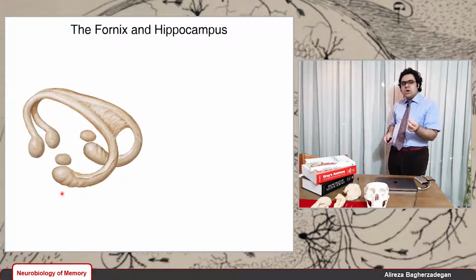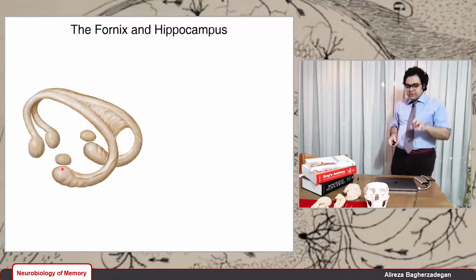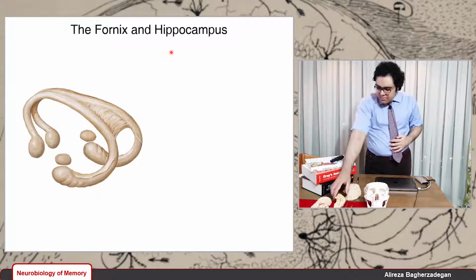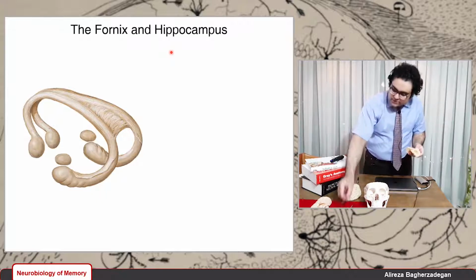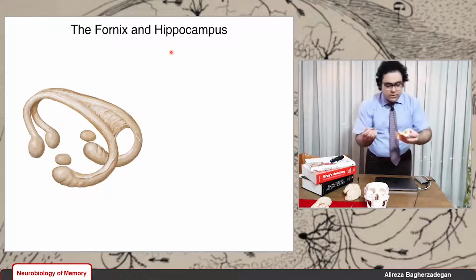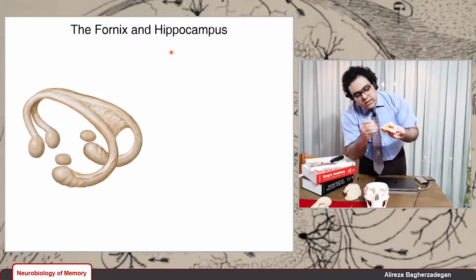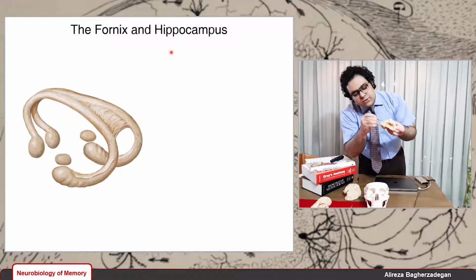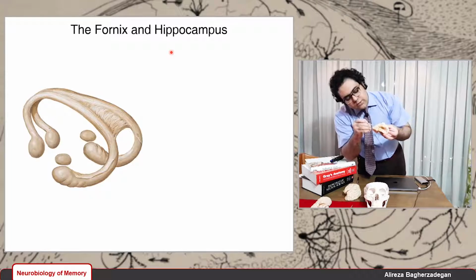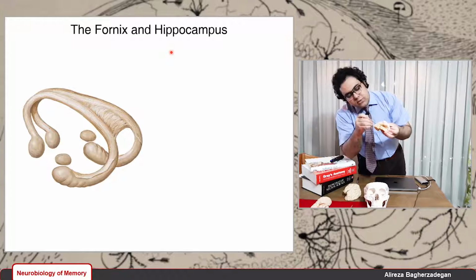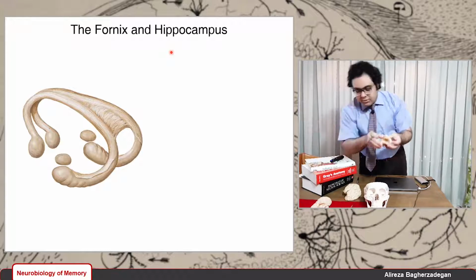Pes means paw or foot, and those grooves in the head of the hippocampus resemble the paw of an animal, for example, a cat's paw. In my model, let me show you with this fine dissector, you can see that we have two grooves here that resemble the paw of an animal. That's why they're called pes hippocampi.